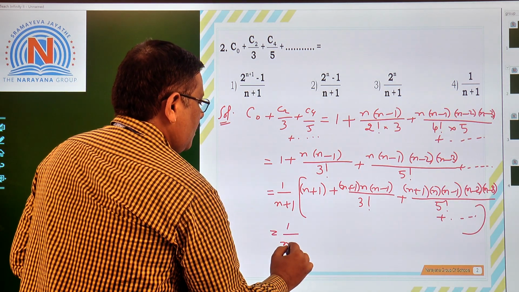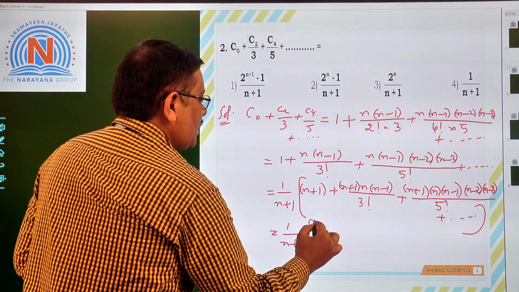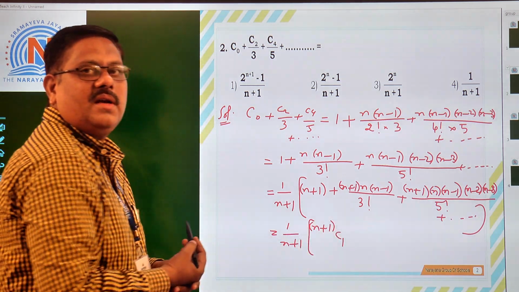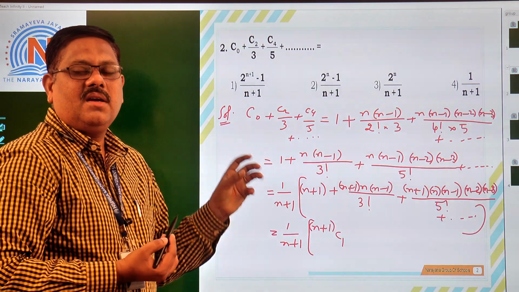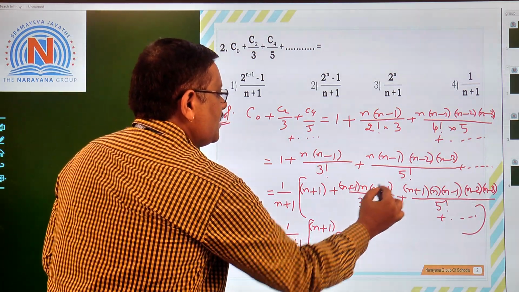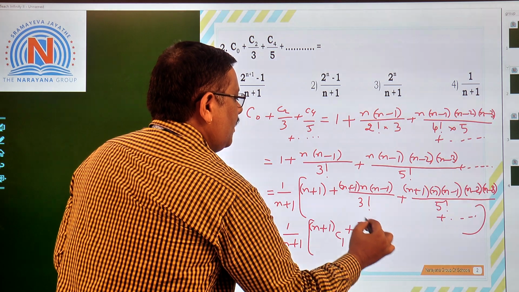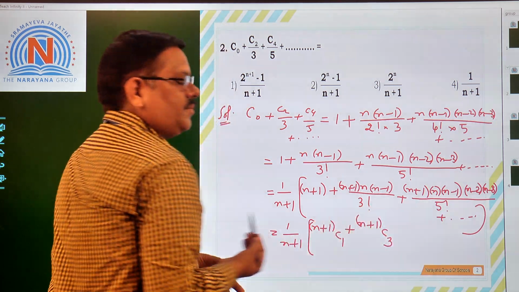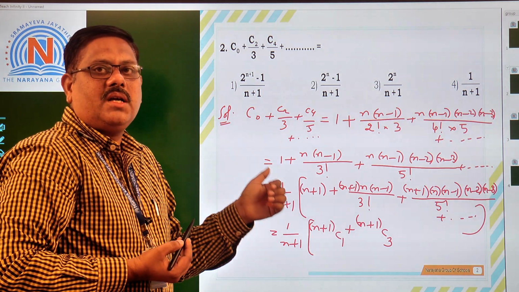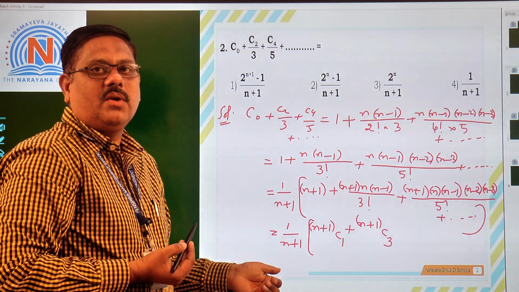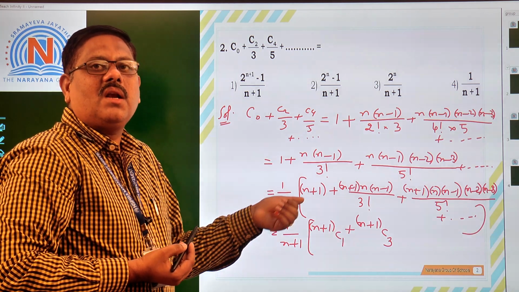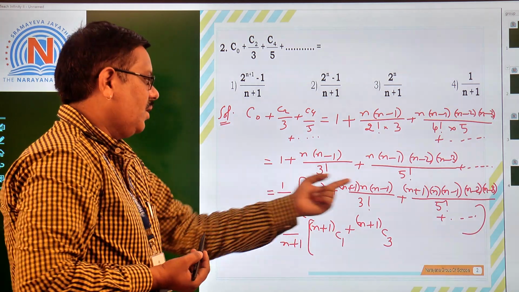1 by n plus 1 times of n plus 1 we can write as n plus 1 C1. N C1 is always n, so n plus 1 C1 is always n plus 1. Plus this is nothing but n plus 1 C3. N C3 is n into n minus 1 into n minus 2 by 3 factorial; n plus 1 C3 is n plus 1 into n into n minus 1 by 3 factorial.